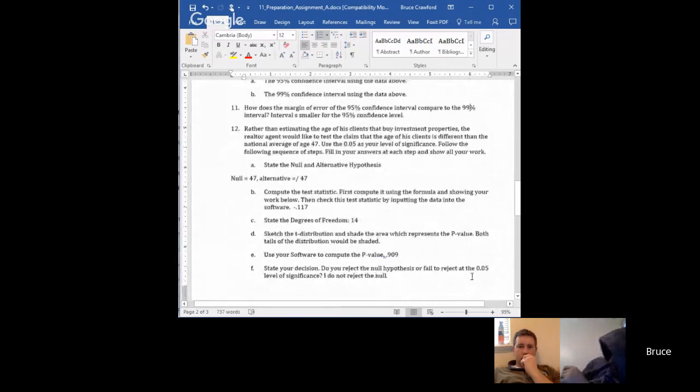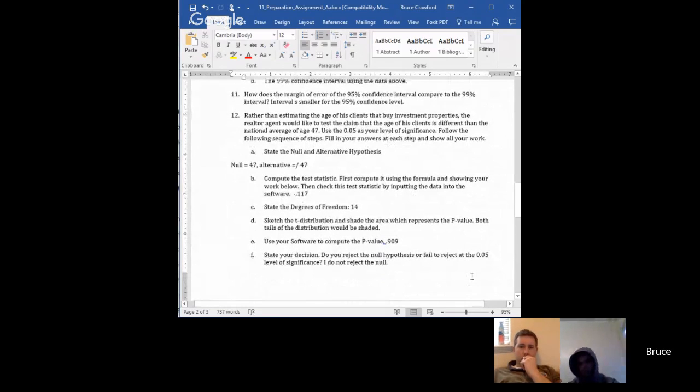Okay, number 12. Rather than estimating the age of his clients that buy investment properties, the realtor agent would like to test the claim that the age of his clients is different than the national average age of 47. Use alpha 0.05 as your level of significance. Follow the following sequence of steps.